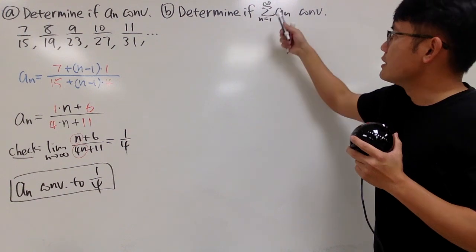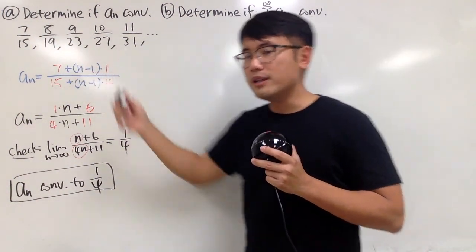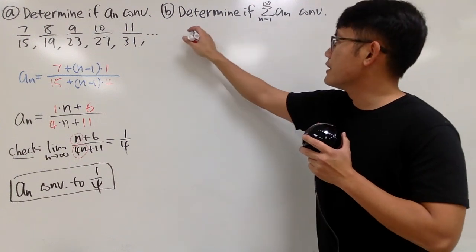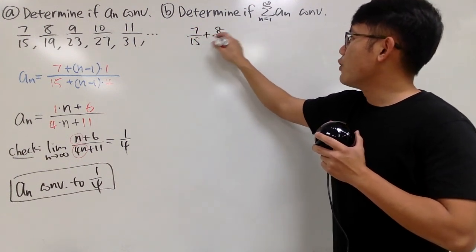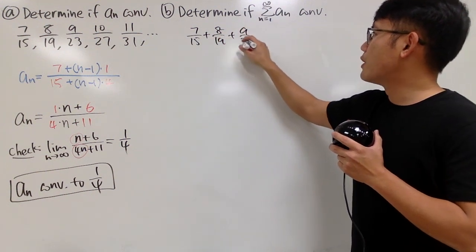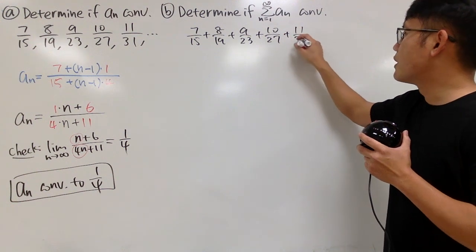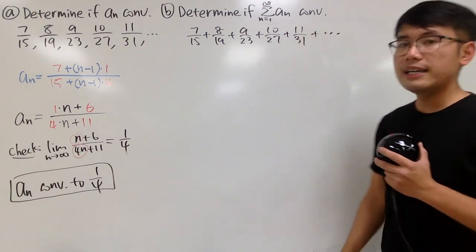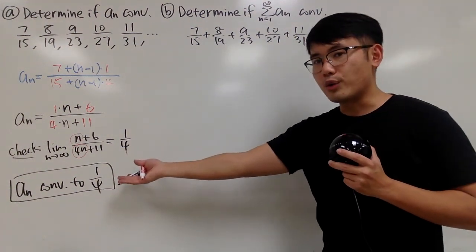Remember, the summation is telling us to add up everybody from the sequence. So we have to do 7 over 15 plus 8 over 19 plus 9 over 23 plus 10 over 27 plus 11 over 31 plus ... right? And again, we have done the limit right here already.